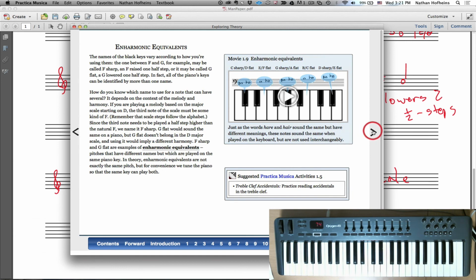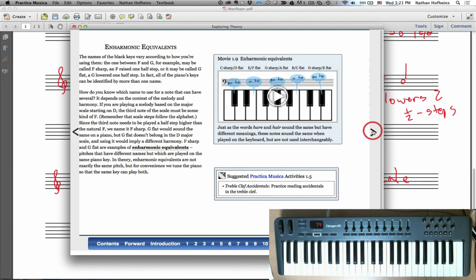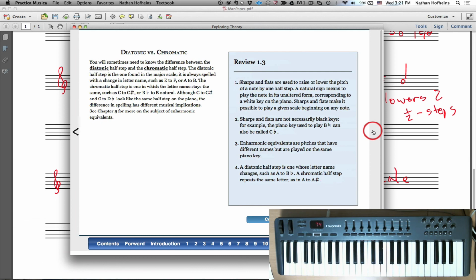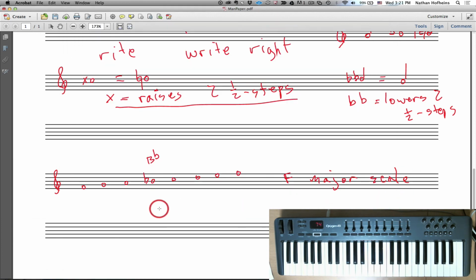Talked about enharmonic equivalence, and diatonic versus chromatic half step. Yeah, we can talk about that briefly. So when we talk about half steps, we could have like a C to a C sharp, and that is the same letter name, right?